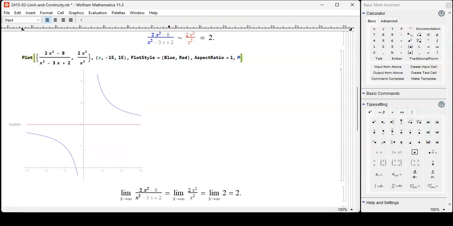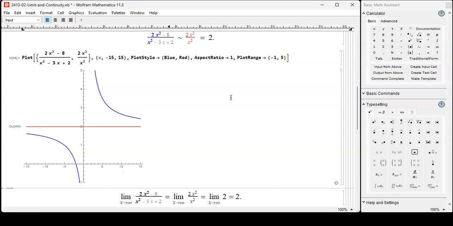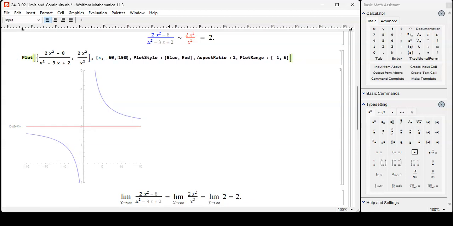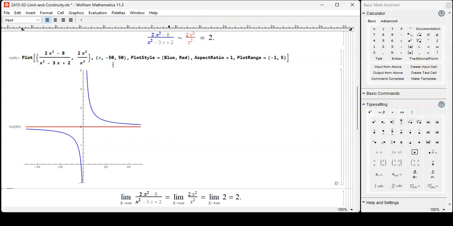Okay, all right. -50 to +50. Now, how do they behave? -100 to +100.